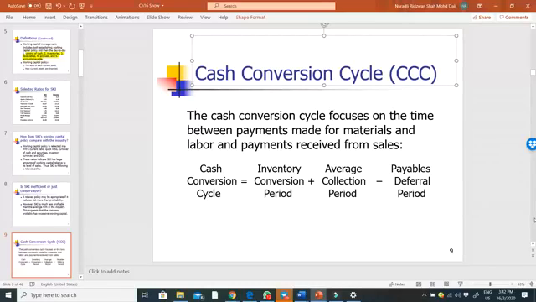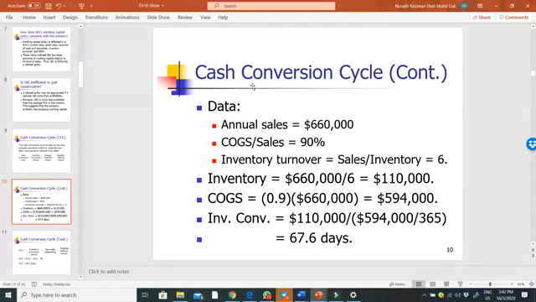Example data: annual sales is 660,000. The cost of goods sold over sales is 90%. Inventory turnover equals sales over inventory, equal to 6. So inventory is 660,000 divided by 6, equal to 110,000. Cost of goods sold equals 0.9 times 660,000, which is 594,000.